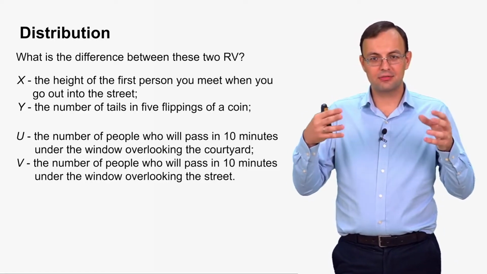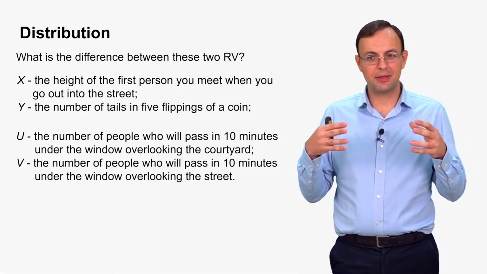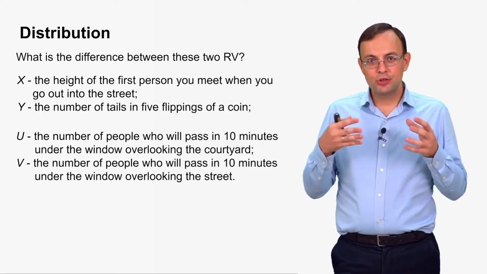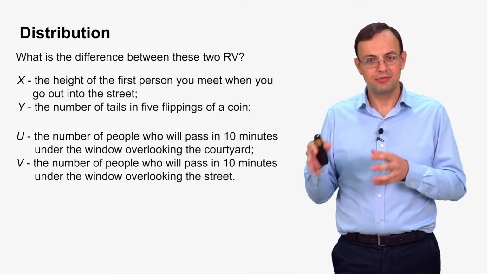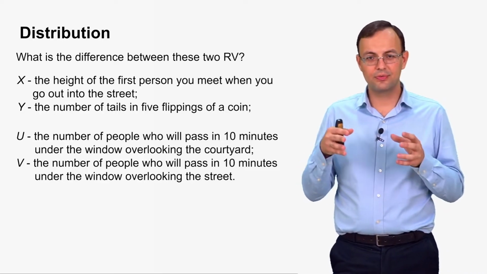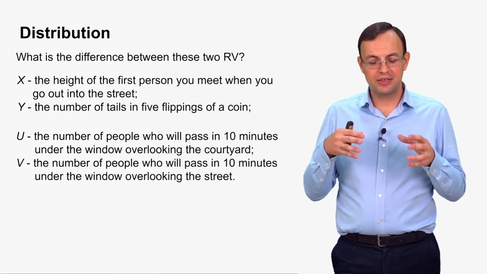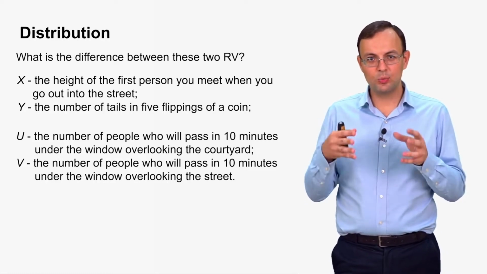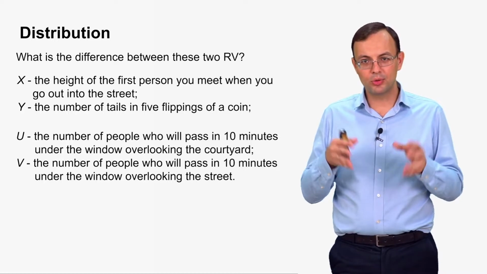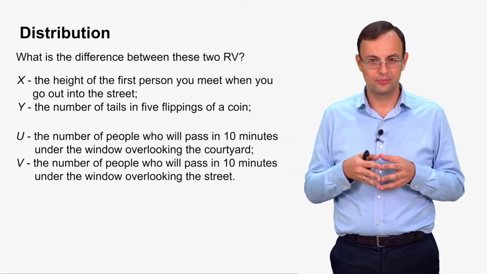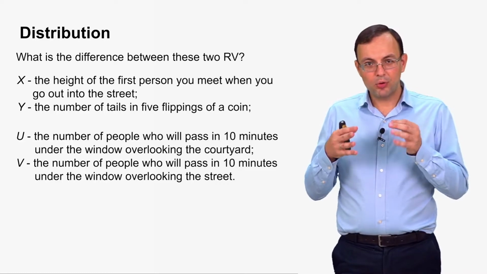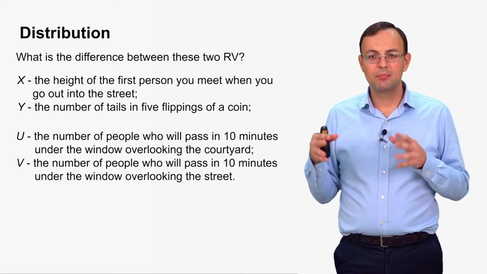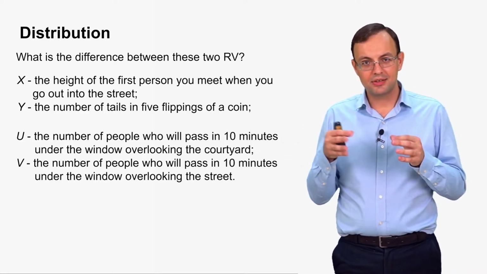So this random variable V usually will take values more than U. So it is more probable that V will take a value more than the value of U. So the possible values are the same, but probabilities are different.